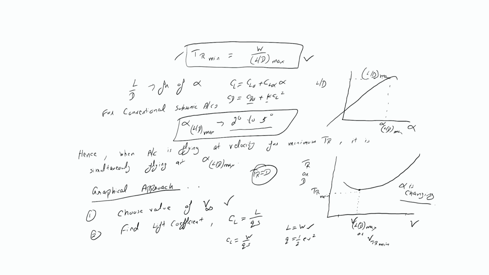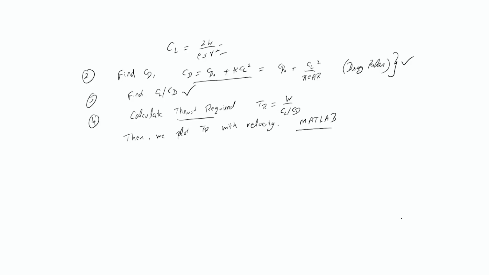Then we started the graphical approach, how to plot the thrust required with velocity curve. This is how we find the relation between thrust required and velocity, and then we will also plot thrust required versus velocity using some practical aircraft examples. So we'll continue from here in the next class. Thank you.